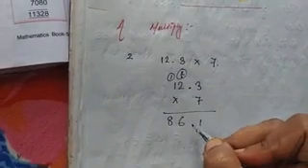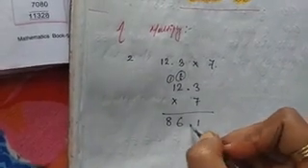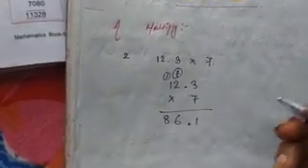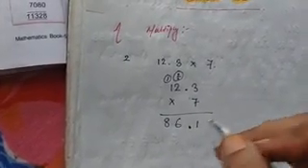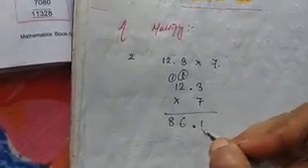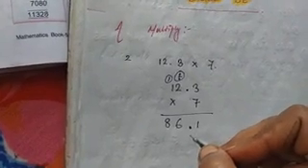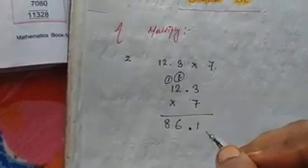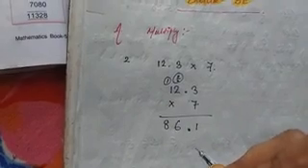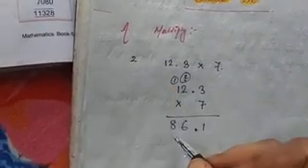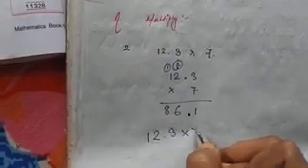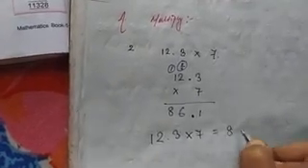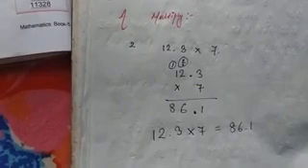So we have to put the decimal 1 place, because 12.3 has 1 place of decimal. So the product's decimal will be placed after 1 digit from the right. So 12.3 into 7 is equal to 86.1.